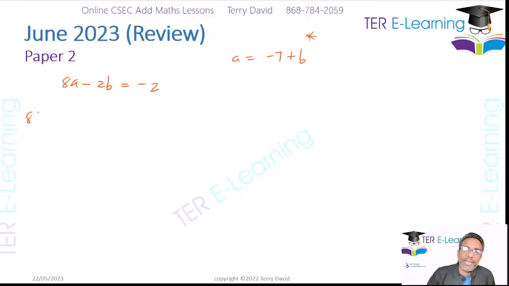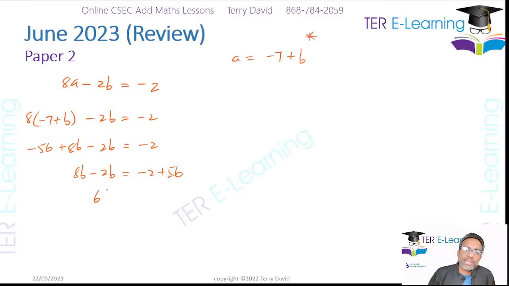So this is going to be 8 by minus 7 plus B minus 2B is equal to minus 2. This is minus 56 plus 8B minus 2B is equal to minus 2. So 8B minus 2B is equal to minus 2 plus 56.